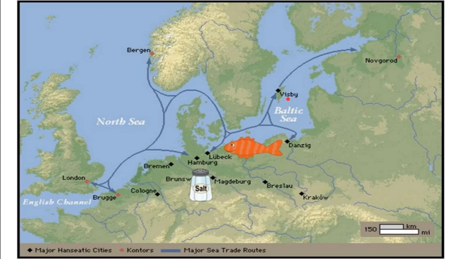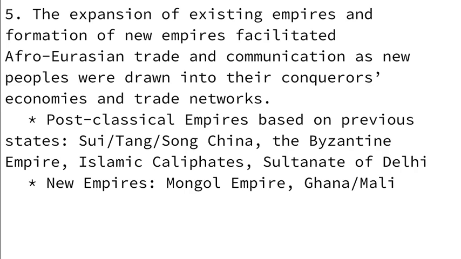So we see that new empires are going to be formed, and these empires are going to draw a lot of inspiration or a lot of their knowledge about how to run a government from previous empires. So for example, the Sui, Tang, and Song dynasties of China are going to look back at their history with the Qin and the Han dynasties, which are the classical era dynasties.